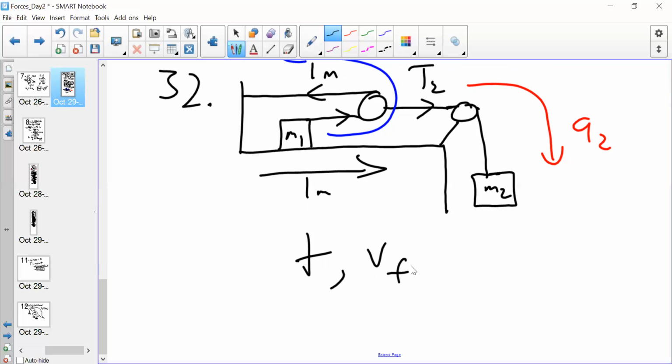Even though the acceleration for M1 and M2 will be different, this one is going to be accelerating more than A2. The whole system is going to be moving uniformly in time and in velocity, if we were taking the system as a whole. So that's one thing that we can keep in the background.